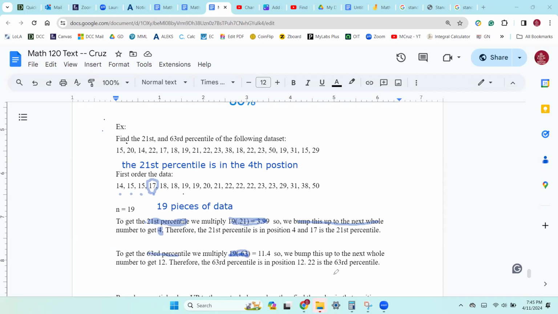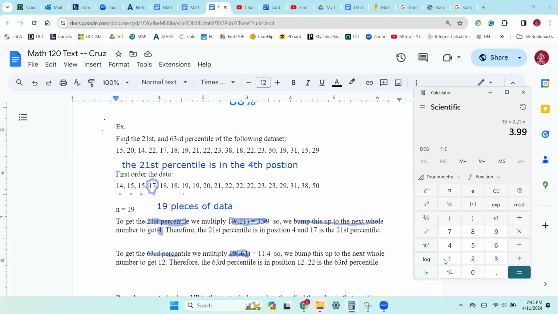We multiply 19 times 0.63, and I'll do it over here on the calculator. 19 times 0.63. So 11.97. So again, we're going to bump it up. We always bump up. This is not rounding because we're just looking for the position.